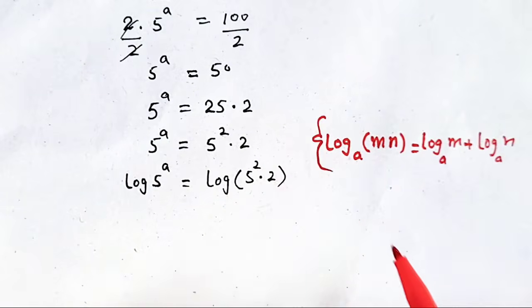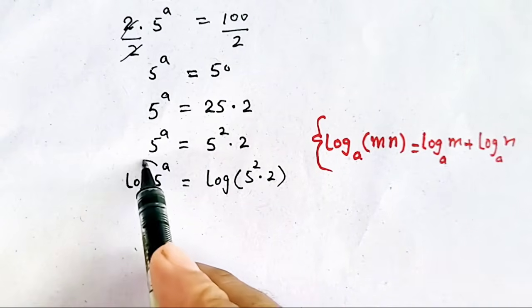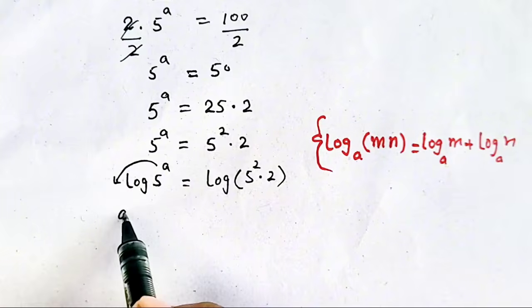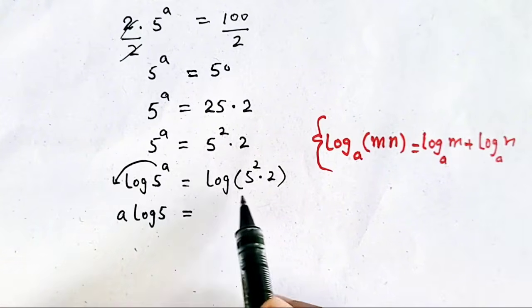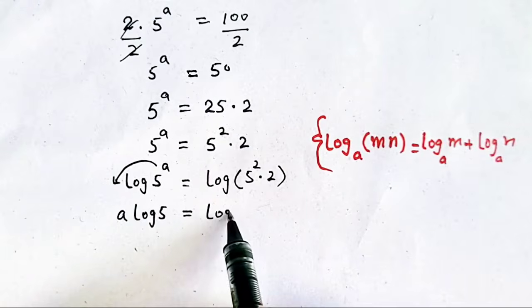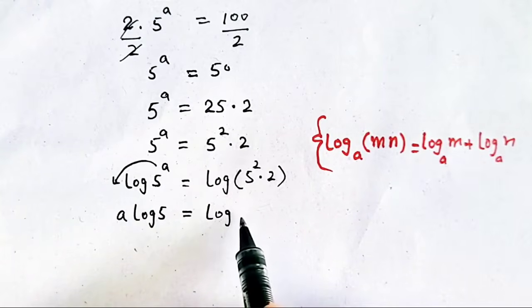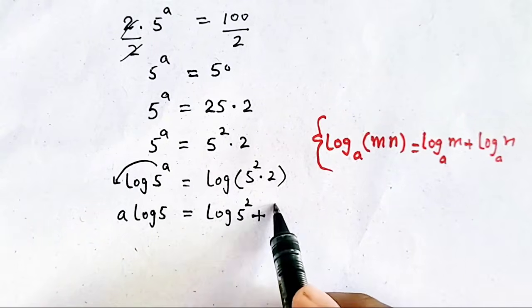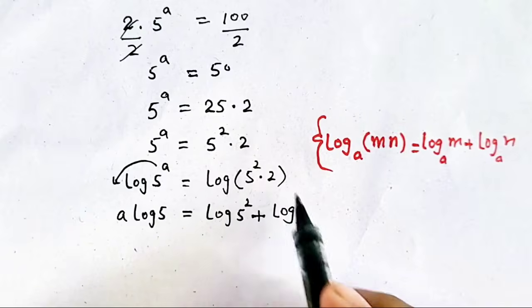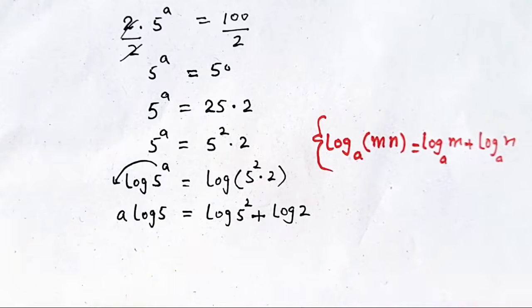So apply this rule to the right side. We will get a log 5 is equal to log, this is m, so 5 squared is m, plus log n, n is 2.